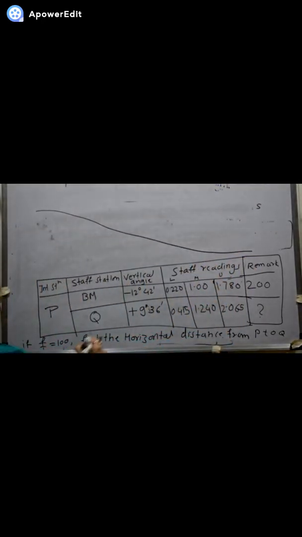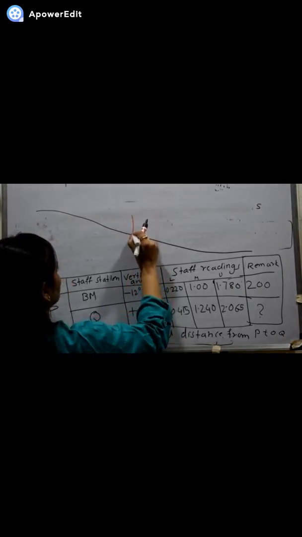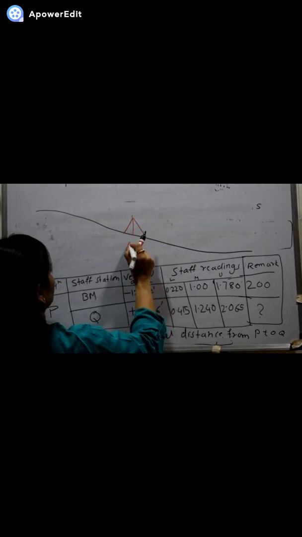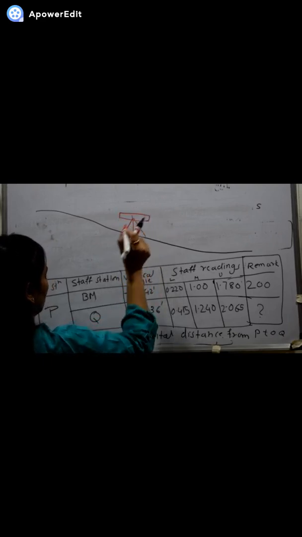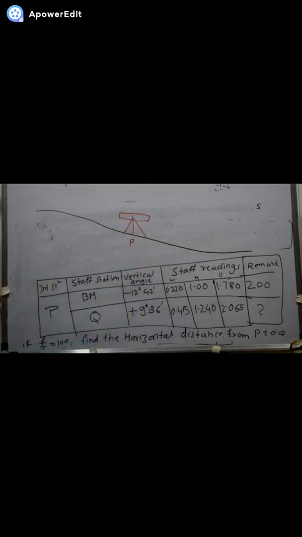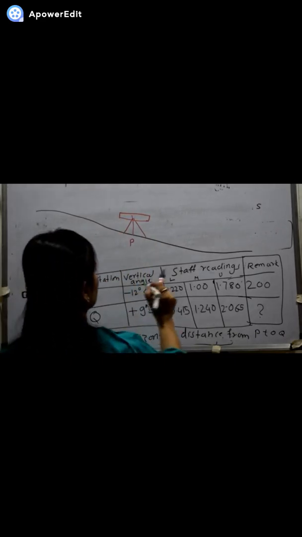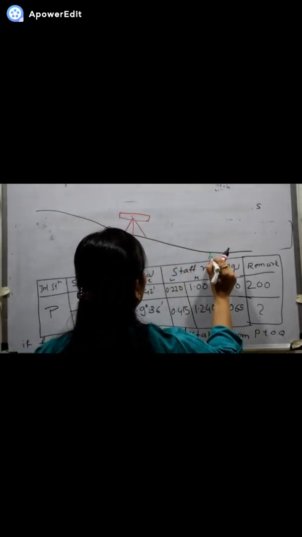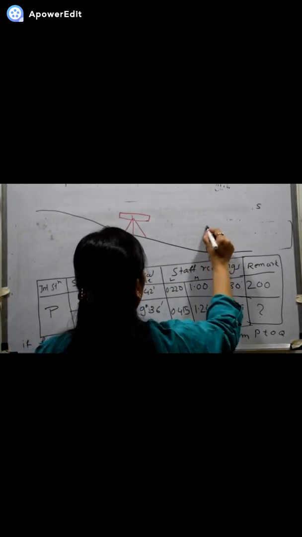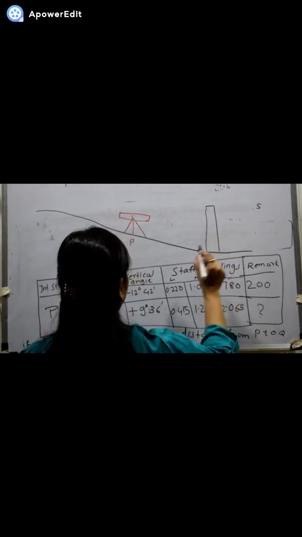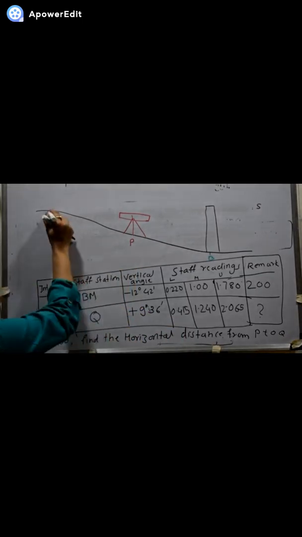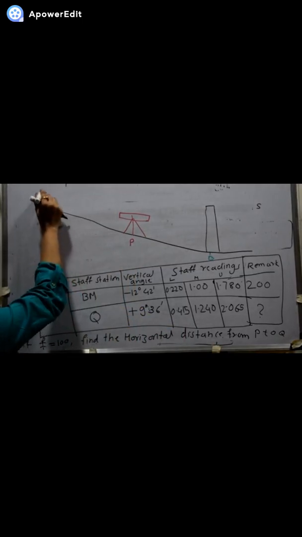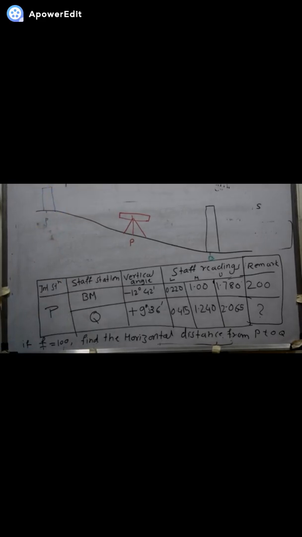Okay, we will mark the theodolite at station P in this way. Now there is a benchmark which is at depression because the angle is negative. So this is the point B. We will draw the staff at B. Again there is a point Q, it is at elevation, so we will draw the staff over here.